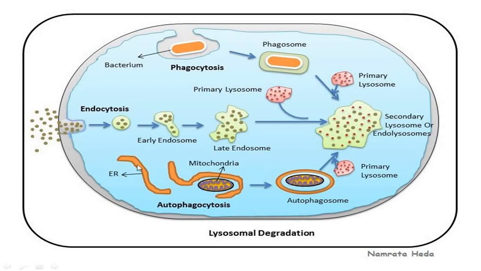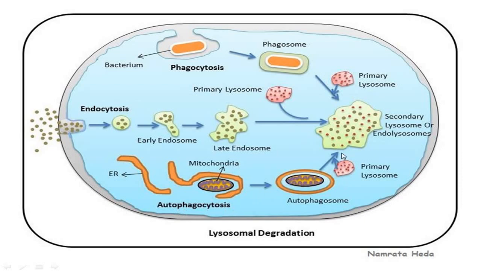Now autophagocytosis is where the old and damaged part, or maybe the organelle, as in this case a mitochondrion, is required to be destroyed. It is surrounded by a membrane which is synthesized by the endoplasmic reticulum, so it makes up a vesicle. This is called an autophagosome, and this process of formation of the vesicle is called autophagocytosis.